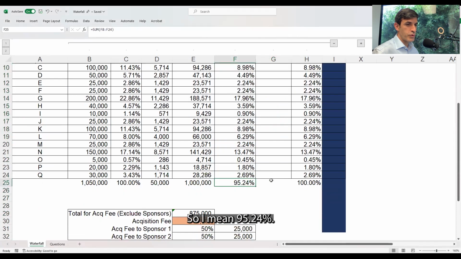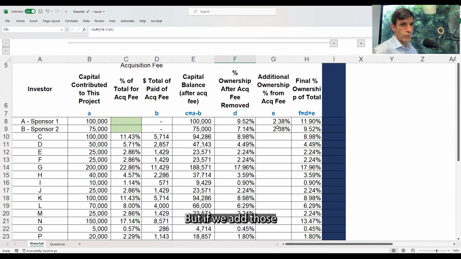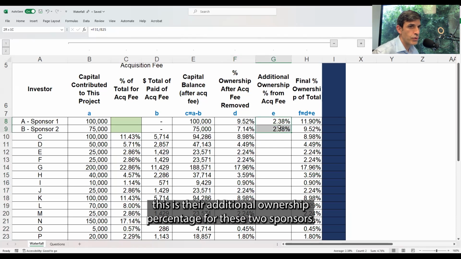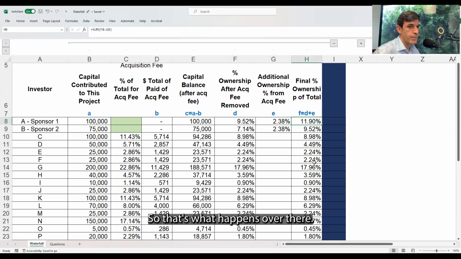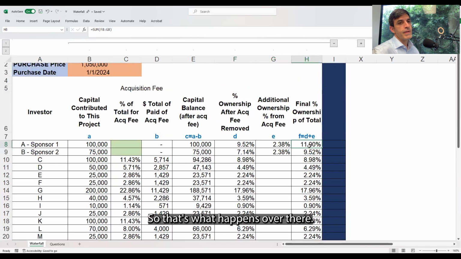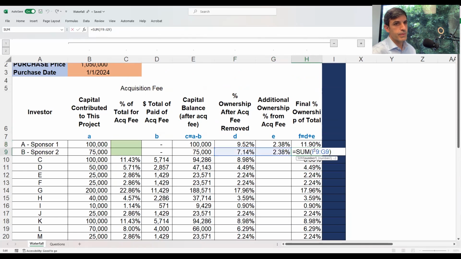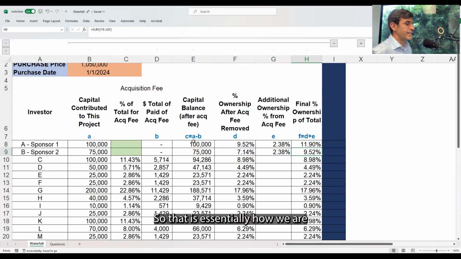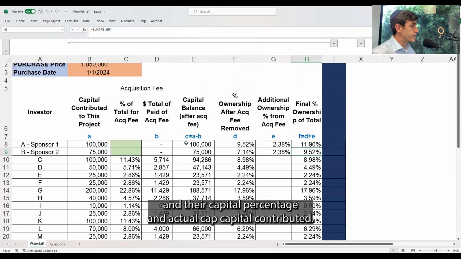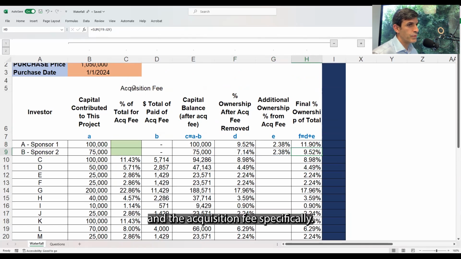It's only 95.24%, but if we add those, this is their additional ownership percentage for these two sponsors, right? So that's what happens over there. And you'll see why this is important. So that is essentially how we are calculating each investor's investment and their capital percentage and actual capital contributed, and the acquisition fee specifically.